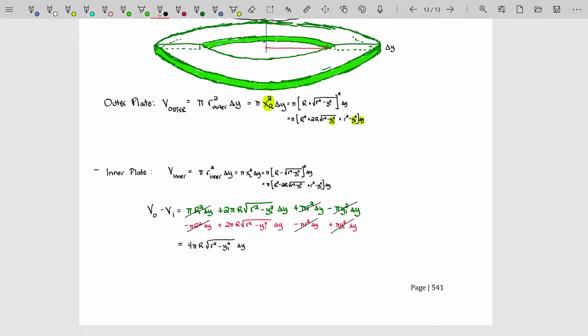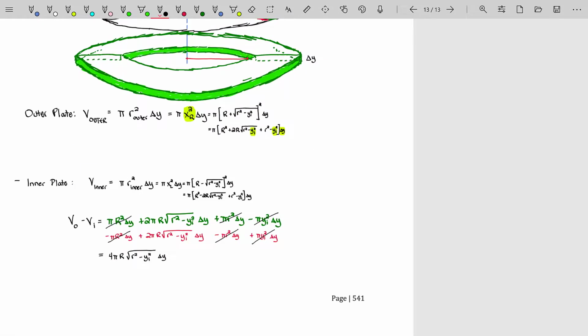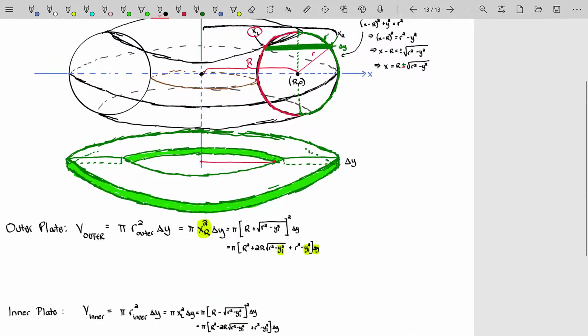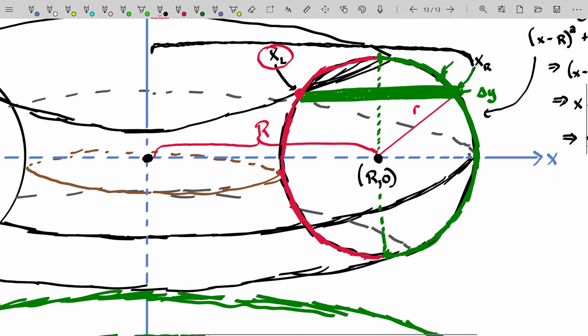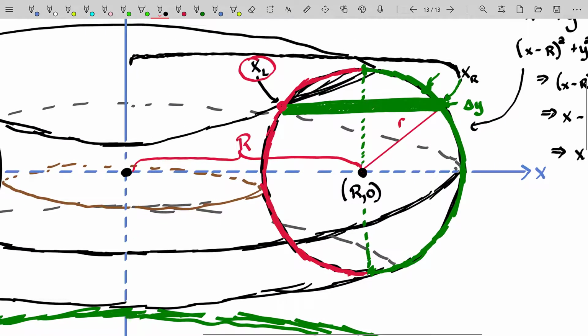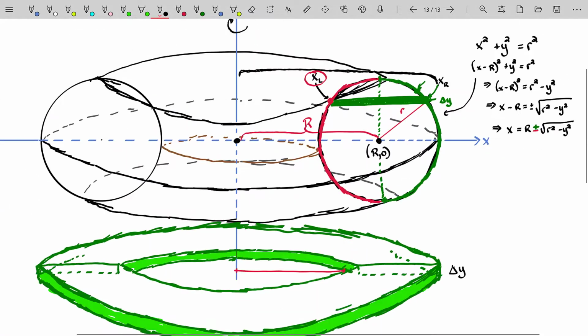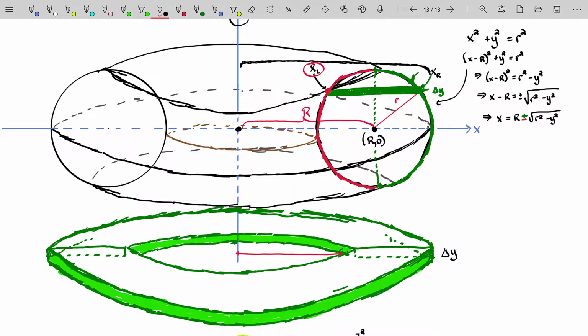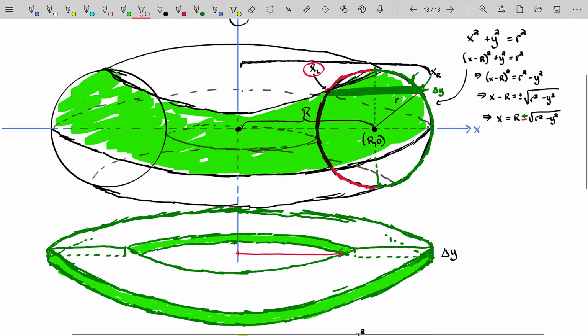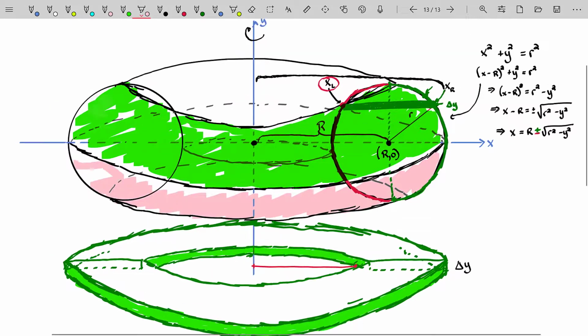Now what we're going to do is take that volume of the washer and integrate it. We're just going to add up a bunch of washers. Now to do this, I want you to draw your attention to the fact that there is a little bit of symmetry going on here. I hope you agree that the top half of this donut should have the same volume as the bottom half. It really does have the same volume because it's symmetric, right?